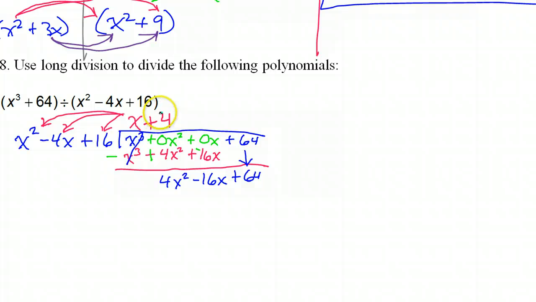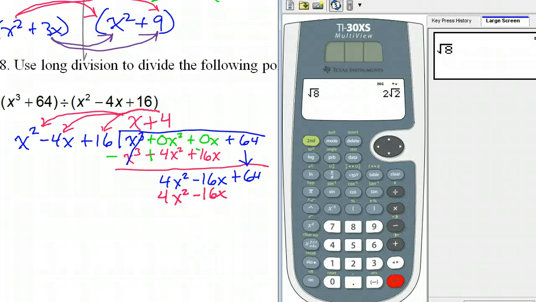So anyway, I'm going to do the distributive property now. So 4 times x squared is 4x squared. 4 times negative 4x is negative 16x. And 4 times 16, I do believe, is 64.